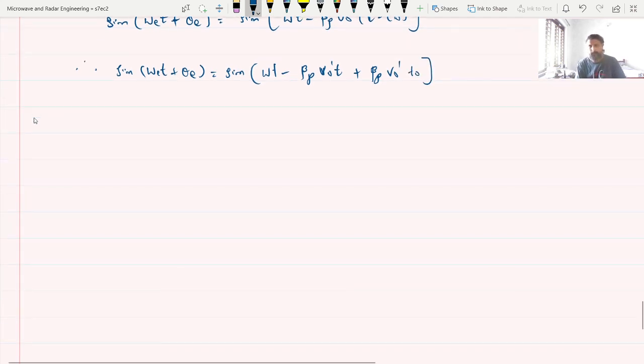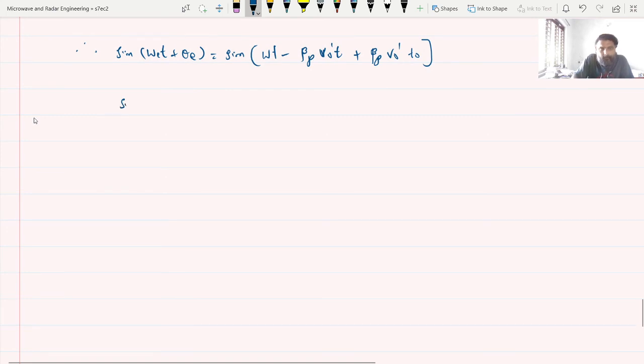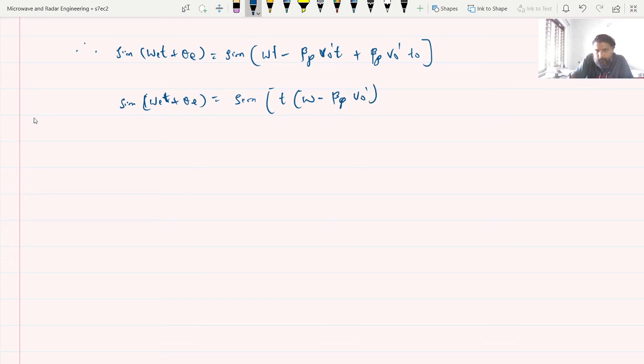So it can be written as sin of t into (omega minus beta_p V naught dash) plus beta_p V naught dash t naught. Call it as equation number 14.